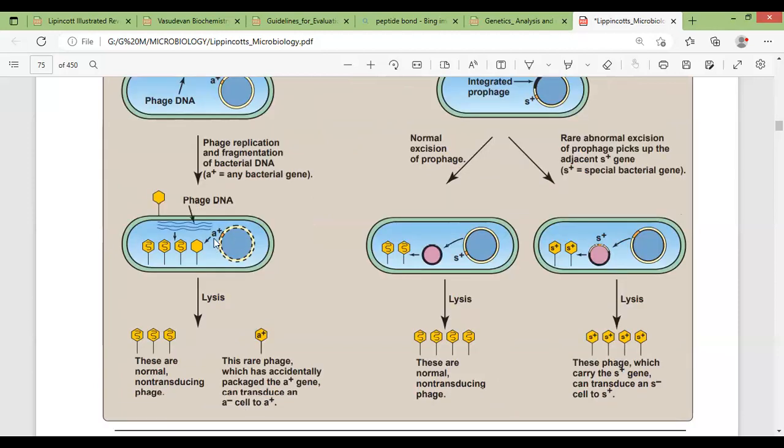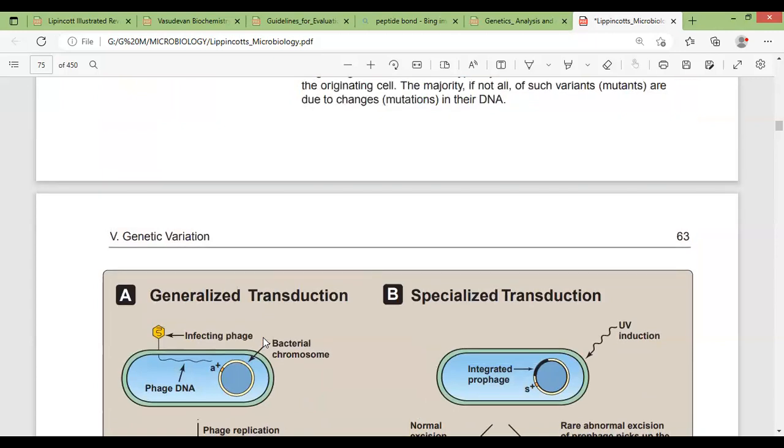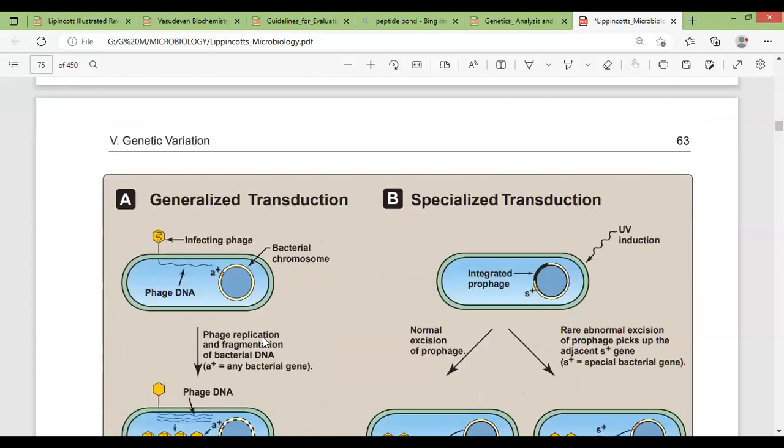And this piece, it decides to leave this gene for resistance to nitrofurantoin, and it left it inside the bacteriophage. So now, when this bacteriophage with this gene for resistance to nitrofurantoin infects another E. coli that initially was sensitive to nitrofurantoin, this gene is transferred from a resistant cell to that sensitive cell.